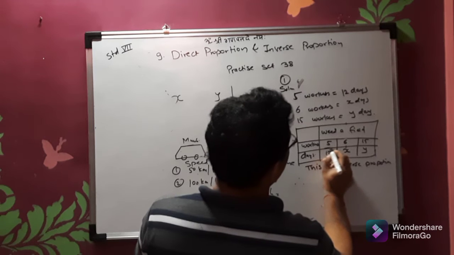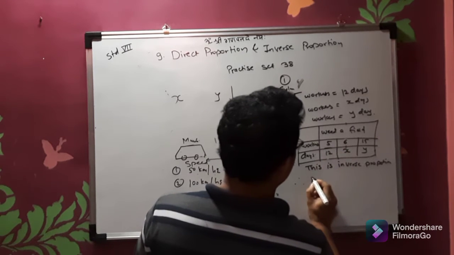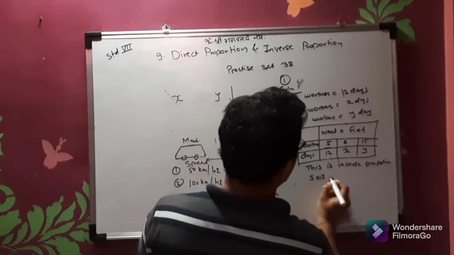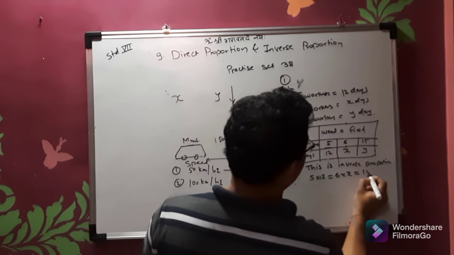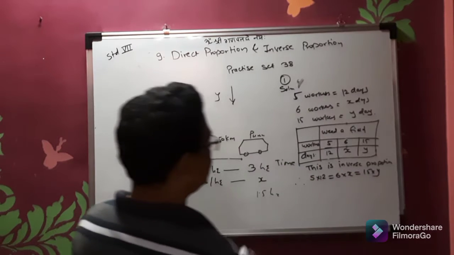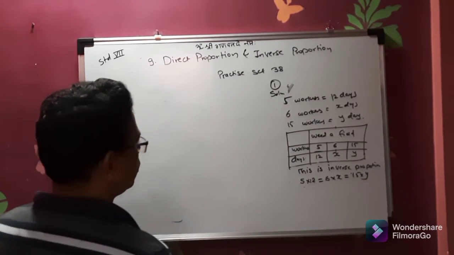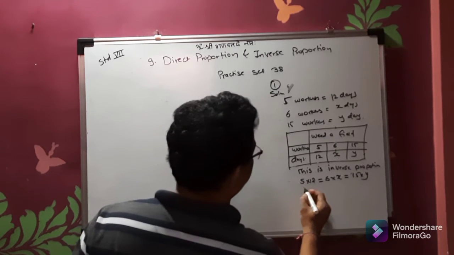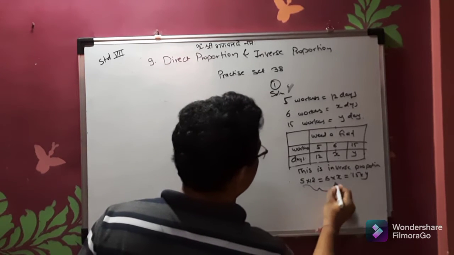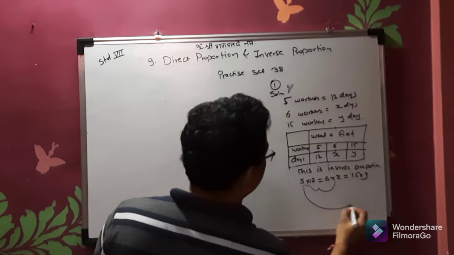So for inverse proportion, what we are going to do? We have to take multiplication of this. That is 5 into 12 is equal to 6 into x is equal to 15 into y. For this inverse proportion, we will take first these two equations, then we will take these two.